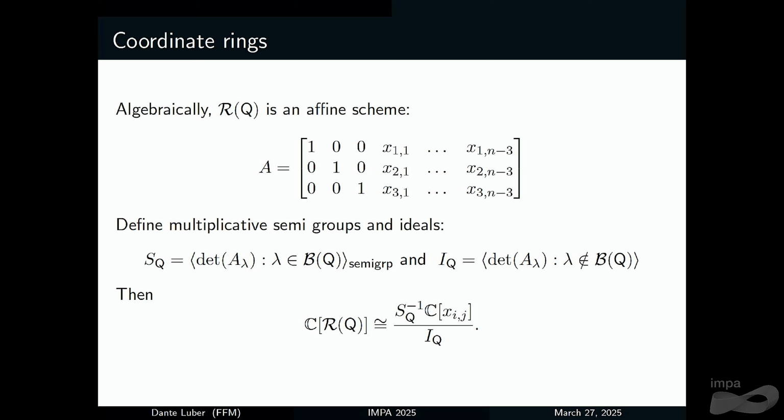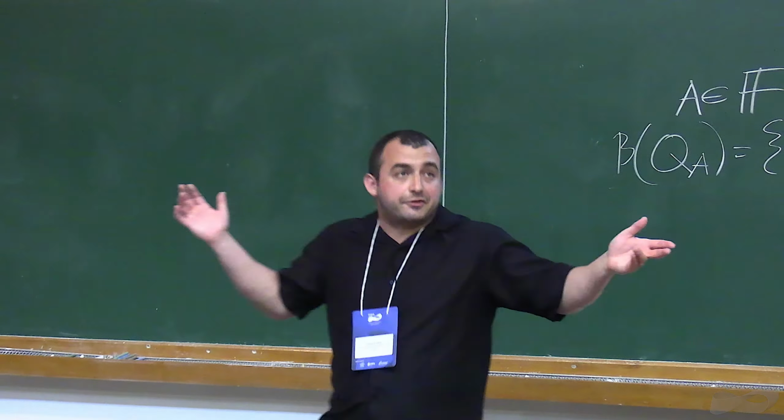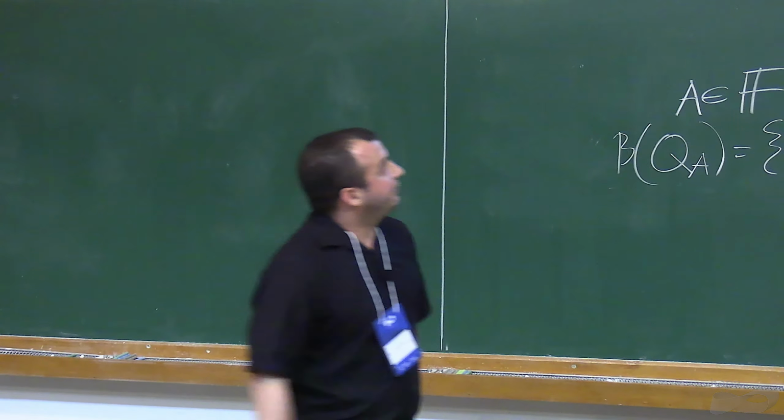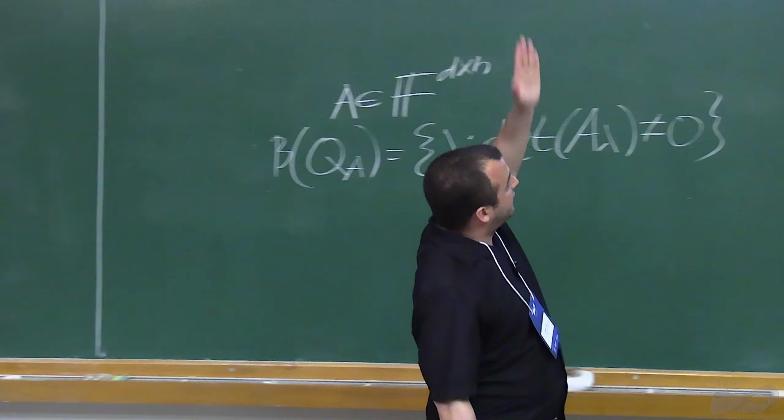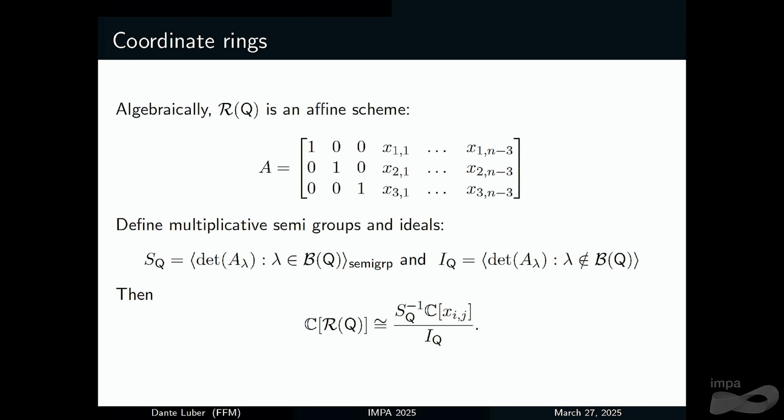And we're going to take a matrix that has the identity matrix in the first 3 columns and fill the rest up with variables. And well, what do we want? We want all the matrices such that the determinants coming from columns indexed by bases don't vanish, and if they're non-bases, we want them to vanish.